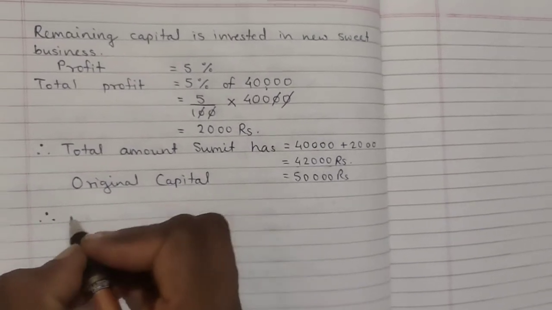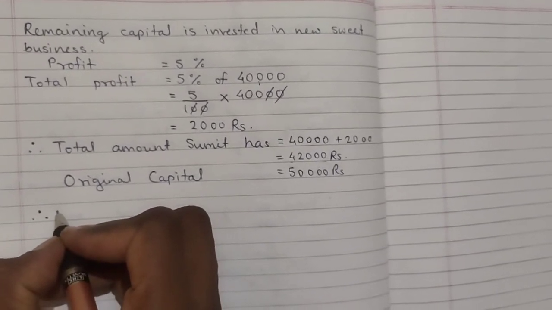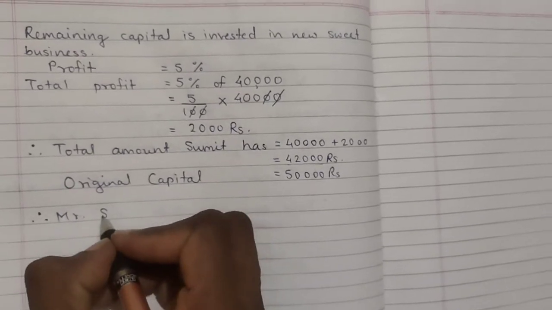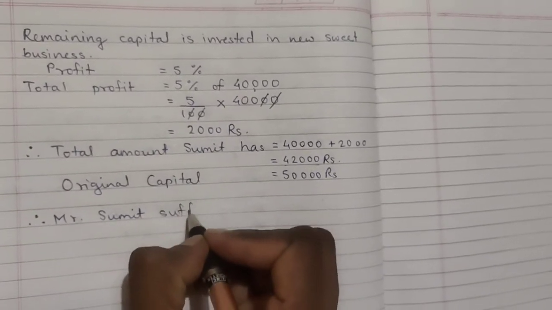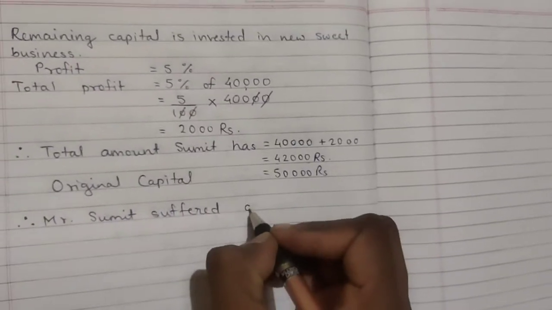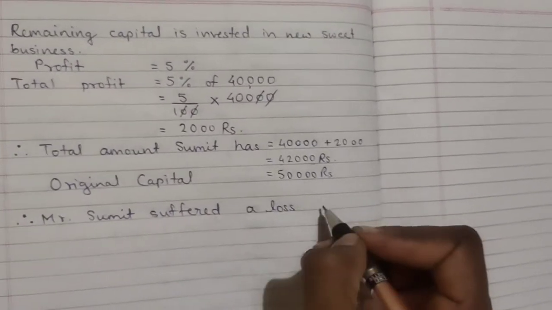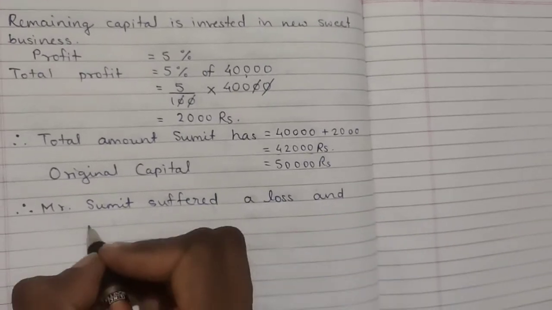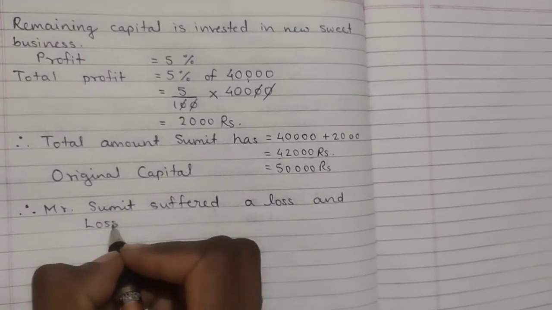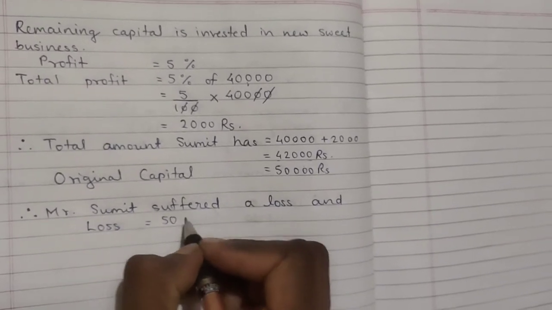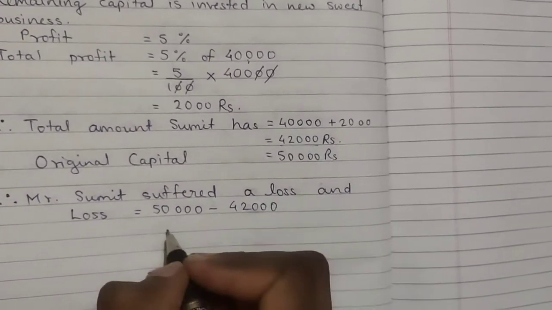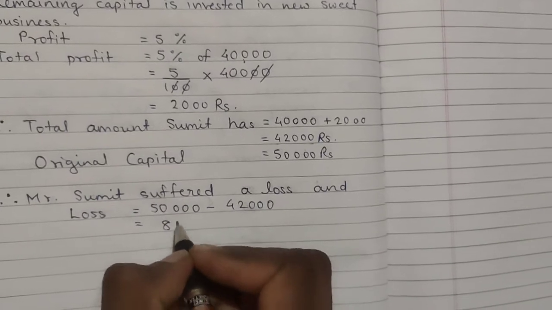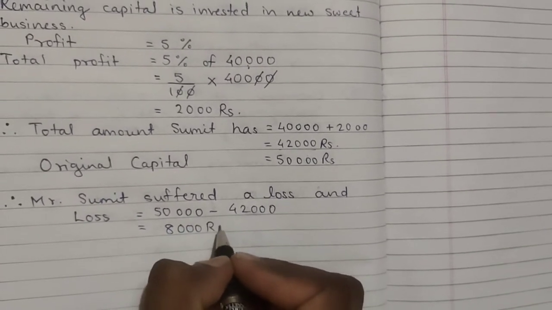Therefore, Mr. Sumit suffered a loss. And how much is the loss? How to calculate? Loss is equal to 50,000 minus 42,000, and if you do this, you will get 8,000 rupees.